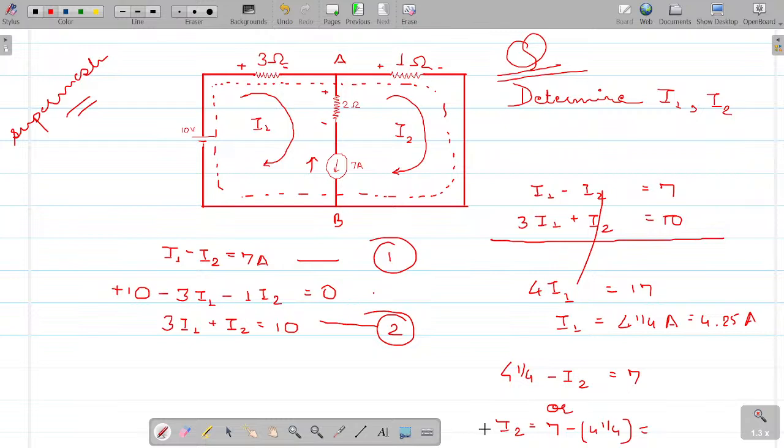This would be minus I2, sorry, I've taken this to be here, right? So this minus I2 would be 2 3 by 4, or I2 would be equal to minus 2 3 by 4 amperes. So this is your answer.